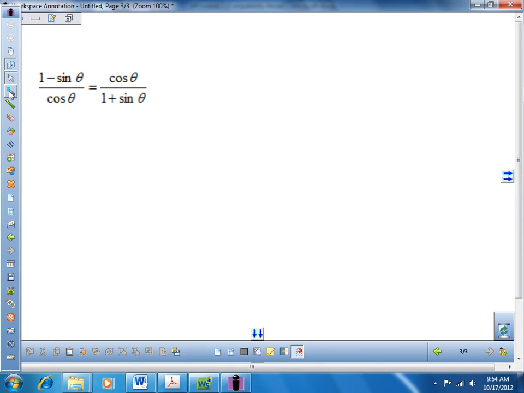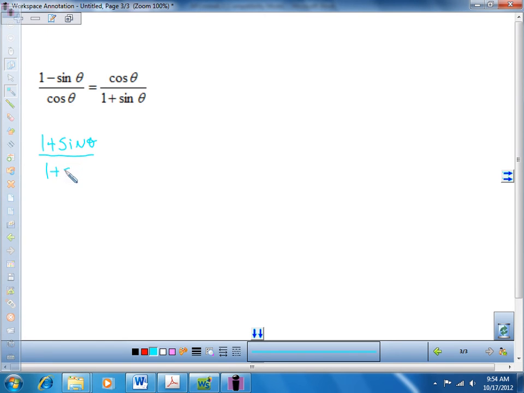Doesn't matter. But I'm going to work with the left side again. So I'm going to multiply by the conjugate of 1 minus sine of theta, which is 1 plus sine of theta. I'm going to multiply the top by 1 plus sine of theta, and the bottom by 1 plus sine of theta.